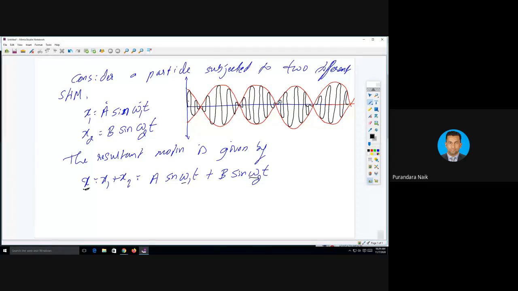It will give you a loop, right? So the sound may be like this, wow, wow, wow, wow. That type of sound comes out from the musical instrument, right? The sound will have a minimum and a maximum amplitude.